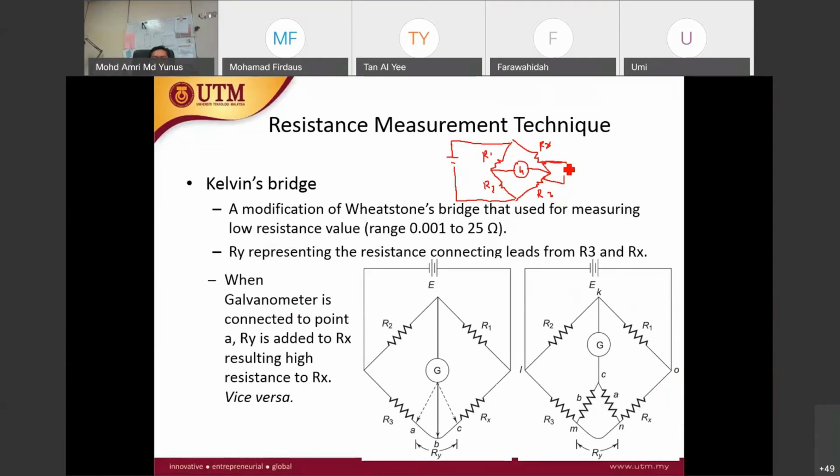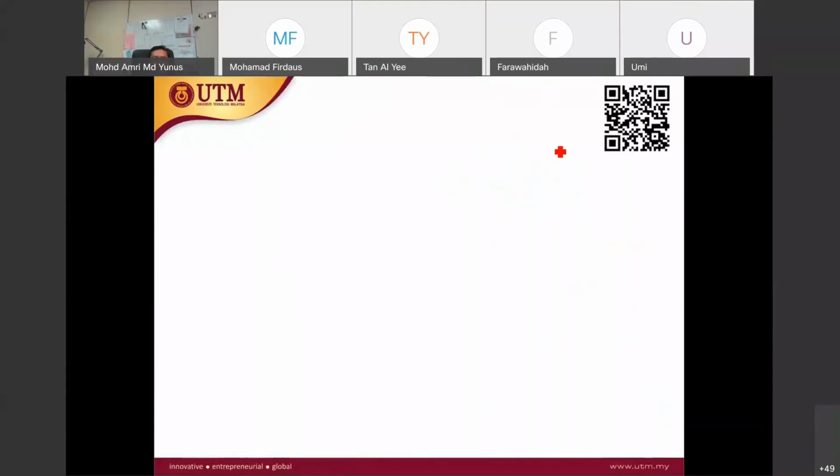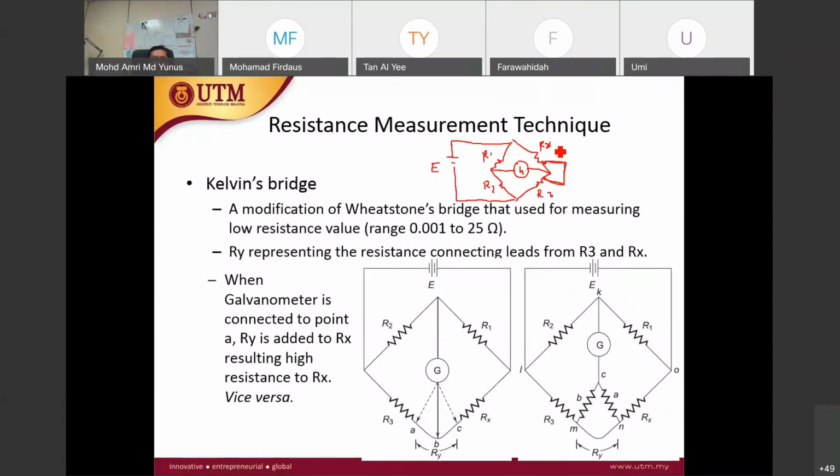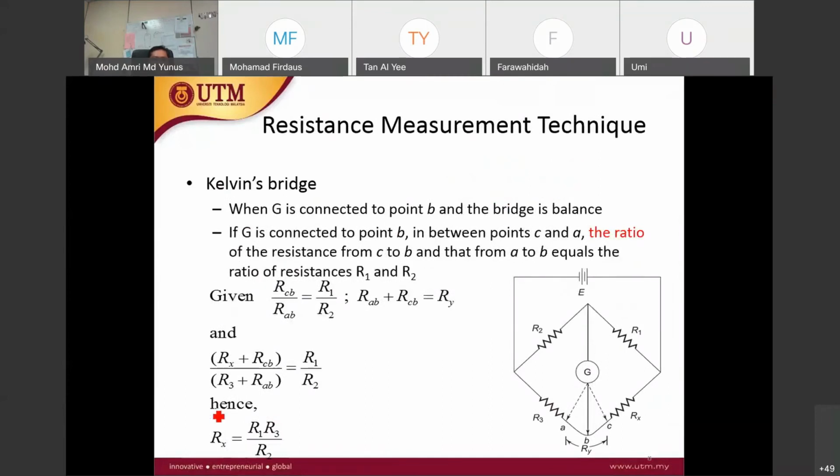Okay, this is a thick wire, creating an extra connection. And in the end, this extra equation will show the answer, this relationship: Rx equivalent to R1 over R3.